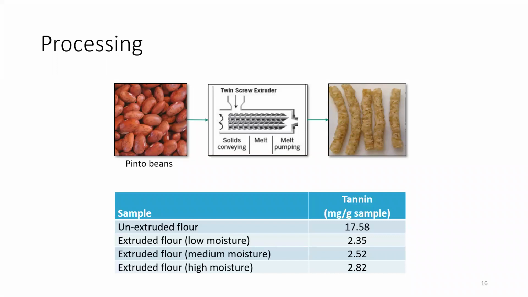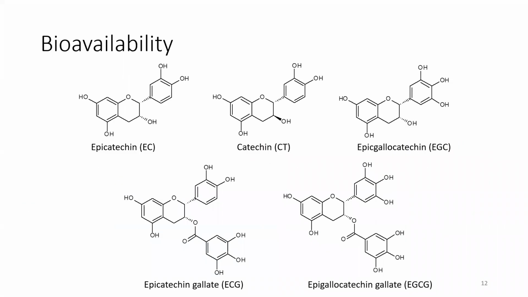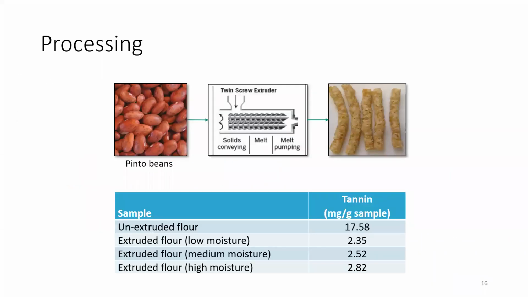She took some pinto beans and extruded them into pinto bean snacks, and then she measured tannins. Tannins are polyphenolic compounds, similar to the ones we saw here, but larger. In the beans, they were very high, but after extrusion, they were very low. That extrusion process sort of degraded them or oxidized them in some way.